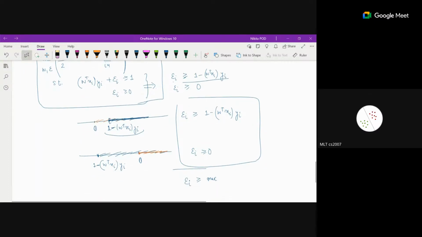So we saw here that whichever is greater, whether 0 is greater or 1 minus W transpose Xi times Yi is greater, we are going to go with that constraint.